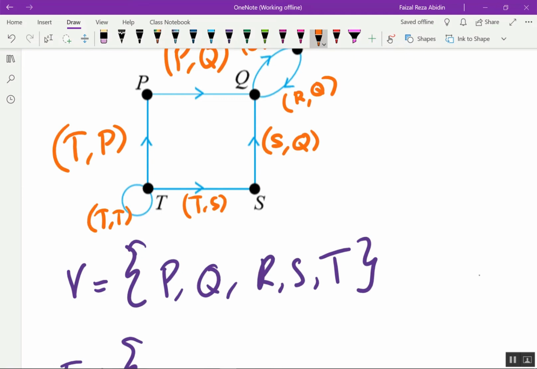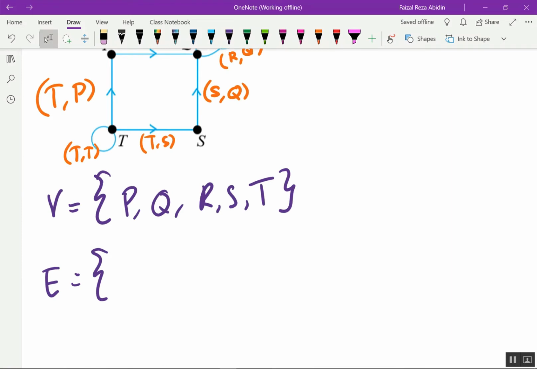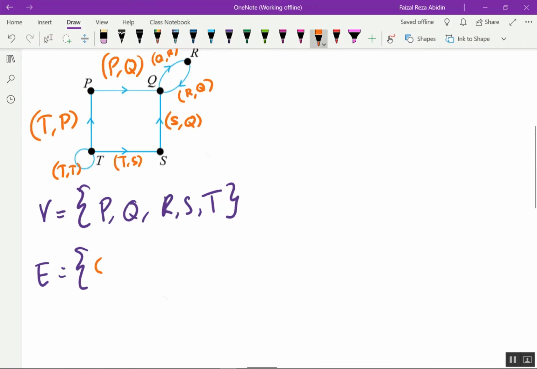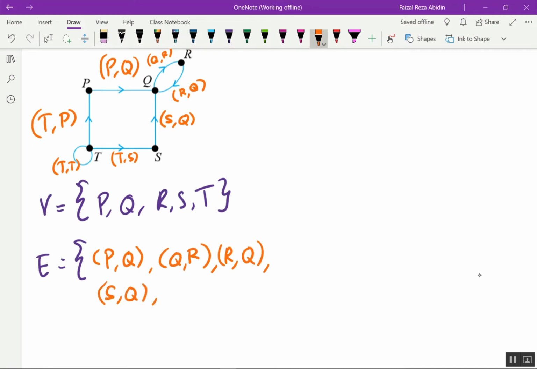Class? If we are going to list down over here, the first one we have is PQ. Next, QR. And then RQ. Followed by SQ. And then TS.